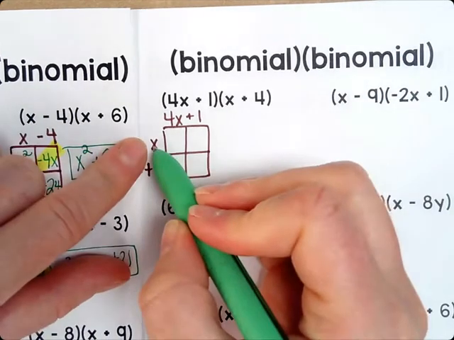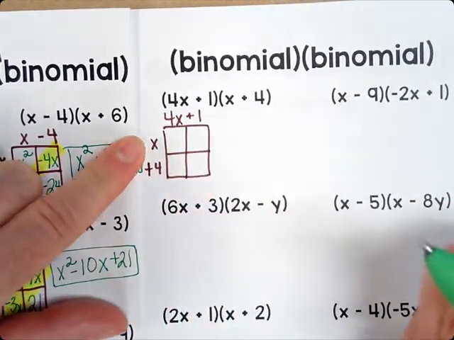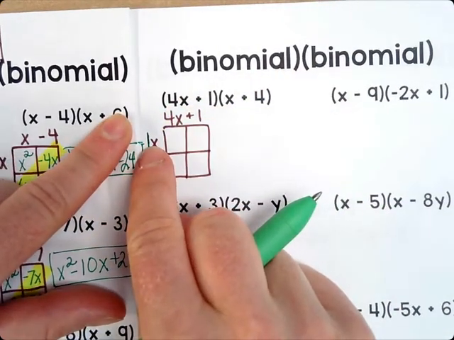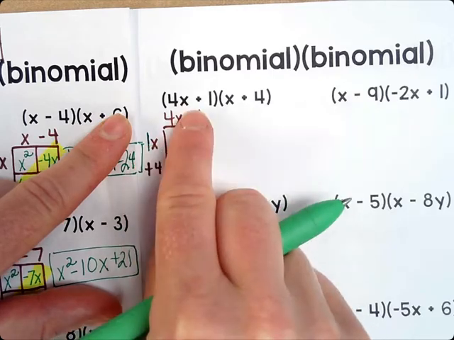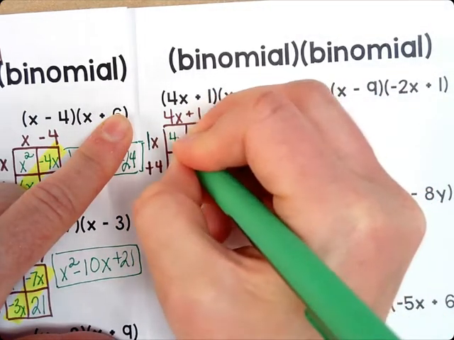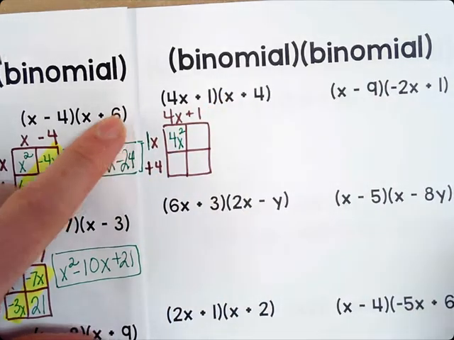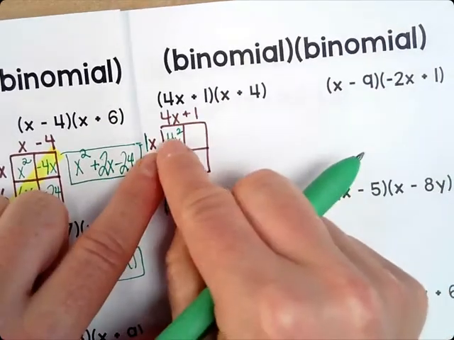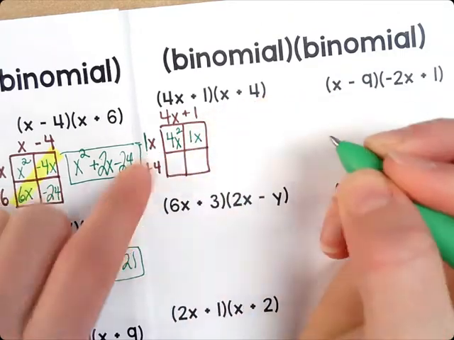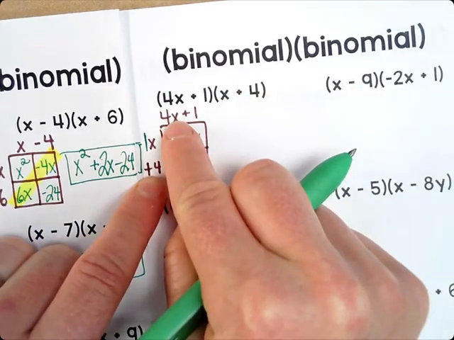Okay, so we have x times 4x. So it's like saying this is a 1, right? Let's multiply coefficients first. So that'd be 4 times 1, 4. And then x times x? X squared. And then x times 1, or 1x times 1? 4 times 4x?